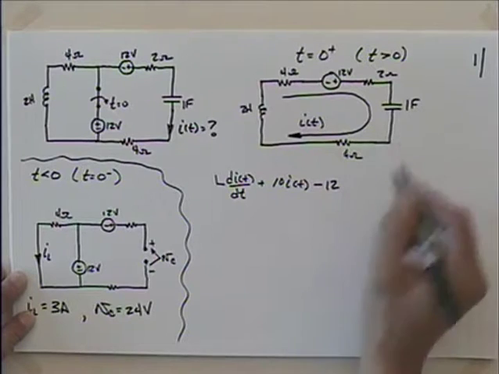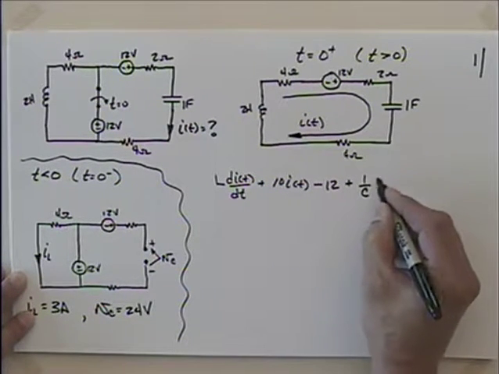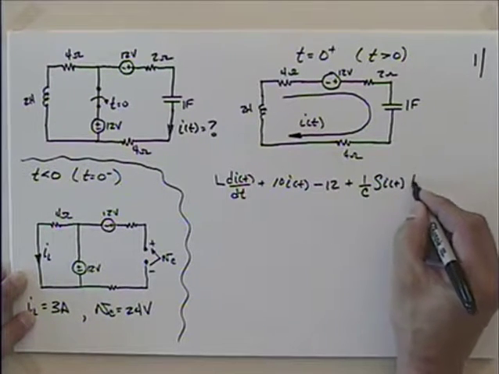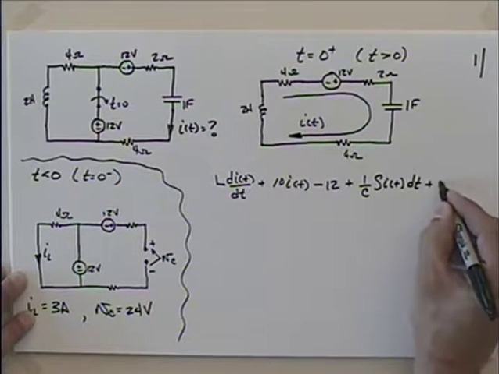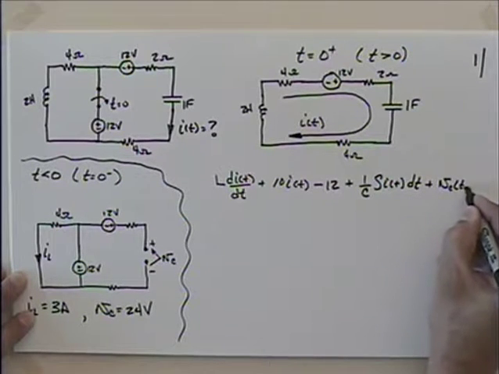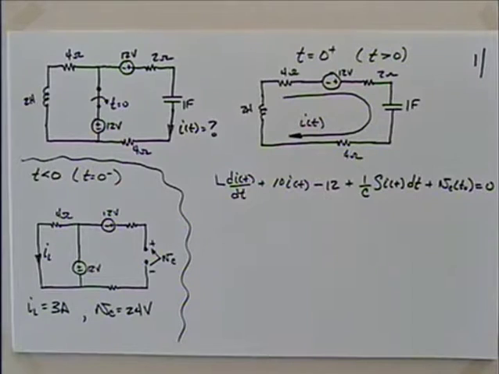And then the drop across the capacitor, so I have 1 over C, where C is equal to 1, times the integral of I of t dt. And then I need to add the constant there, plus Vc of t naught. That got me back to 0.